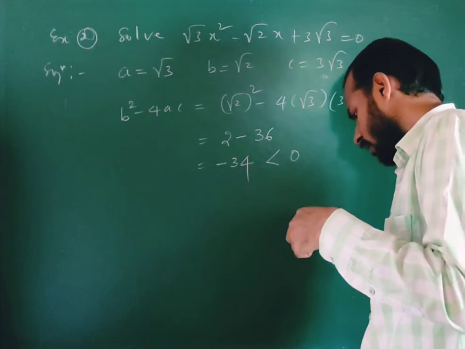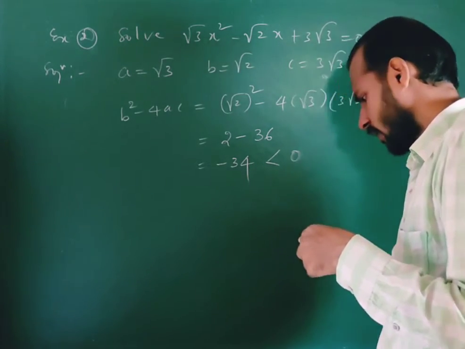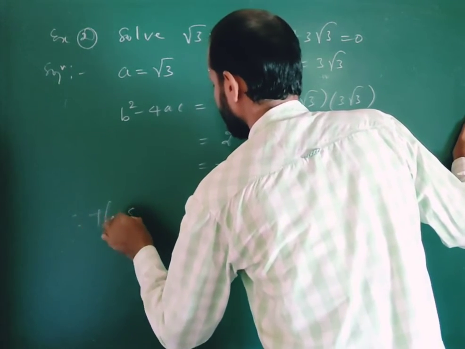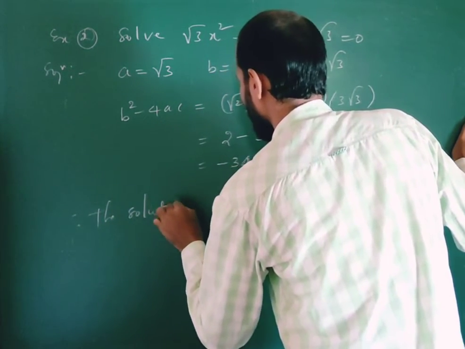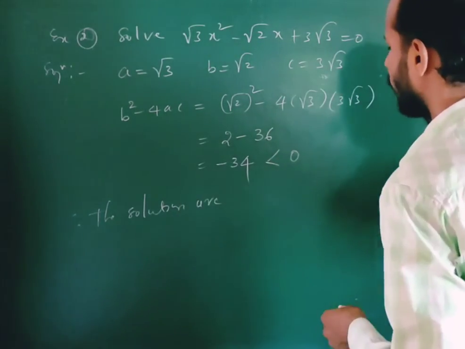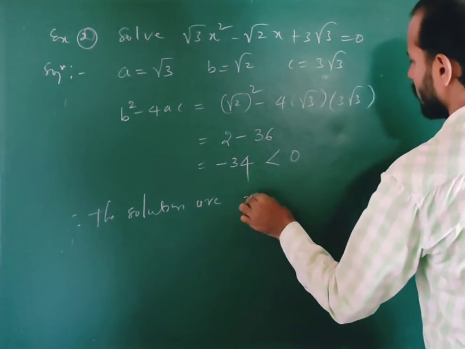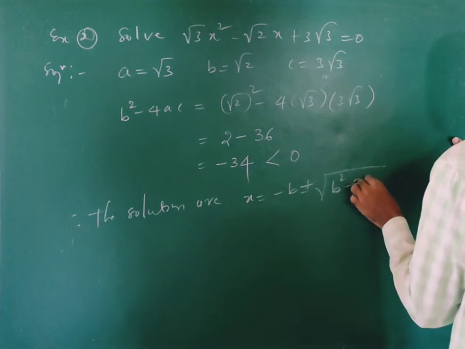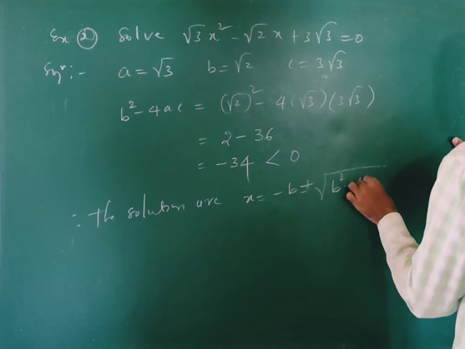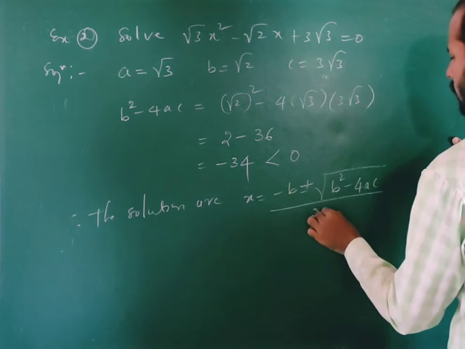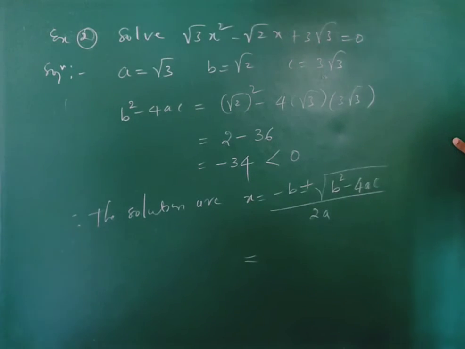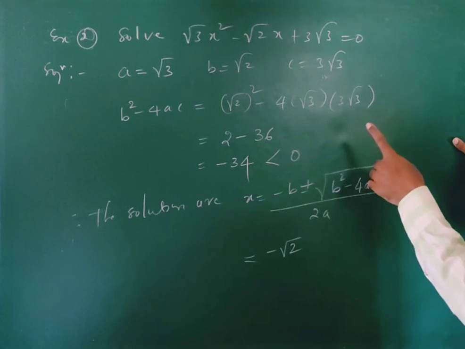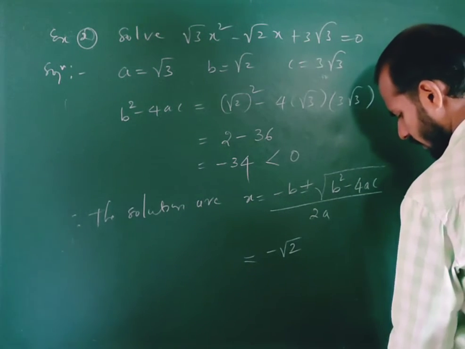We'll solve that one. Non-real complex number, therefore the solutions are, already we have the formula. It is x equals to minus b plus or minus under root of b square minus 4ac upon 2a. Simply just substitute, that is minus b.